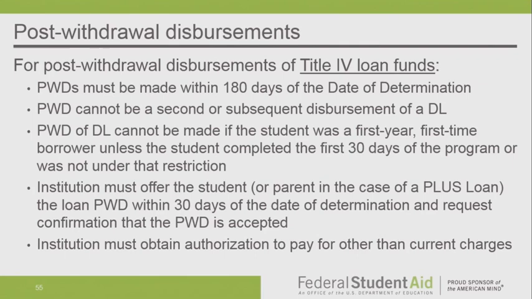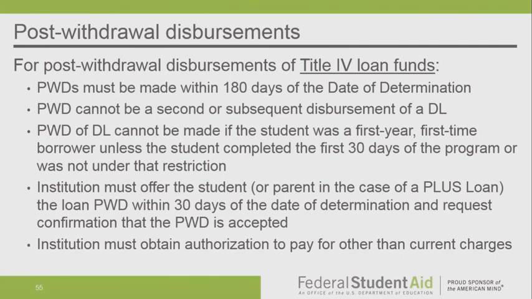Now, here's the thing about post-withdrawal disbursement and loan funds. Once you determine that there's a PWD of loan funds, you need to notify the student and you offer the student those funds, or the parent if it's a PLUS loan.